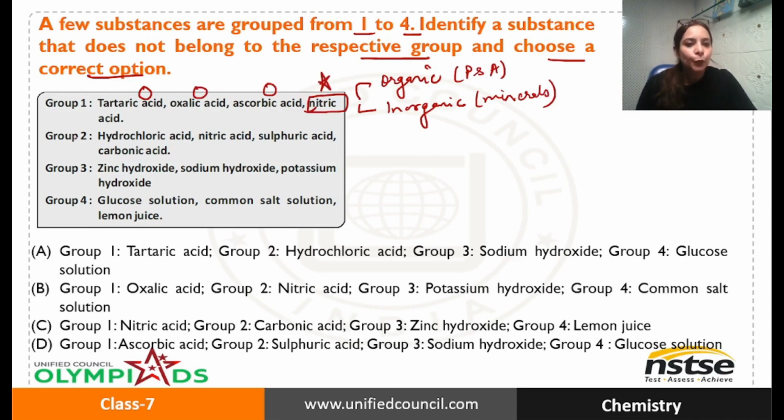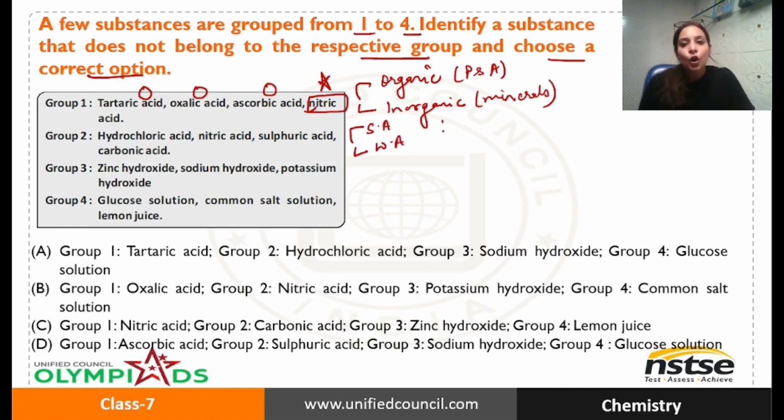Okay, let's move to group 2. Hydrochloric, nitric, sulfuric, carbonic. Now here all of them are mineral acids, so we cannot pick the odd one out depending upon their source. But definitely we can pick the odd one out depending upon their strength, that is, which one is a strong or a weak acid.